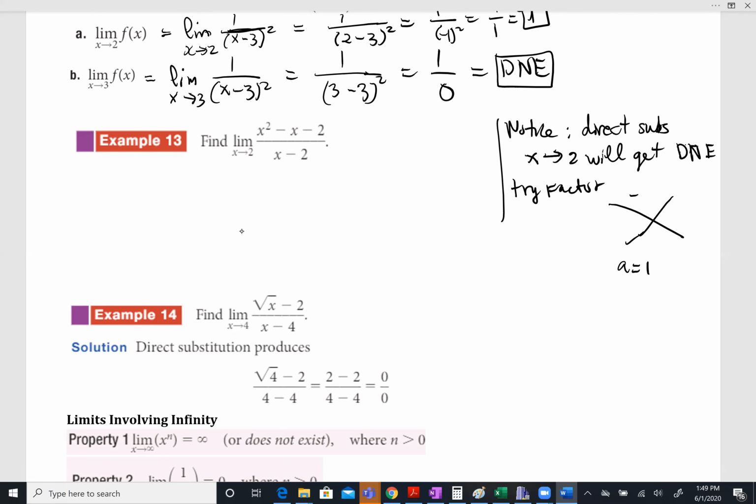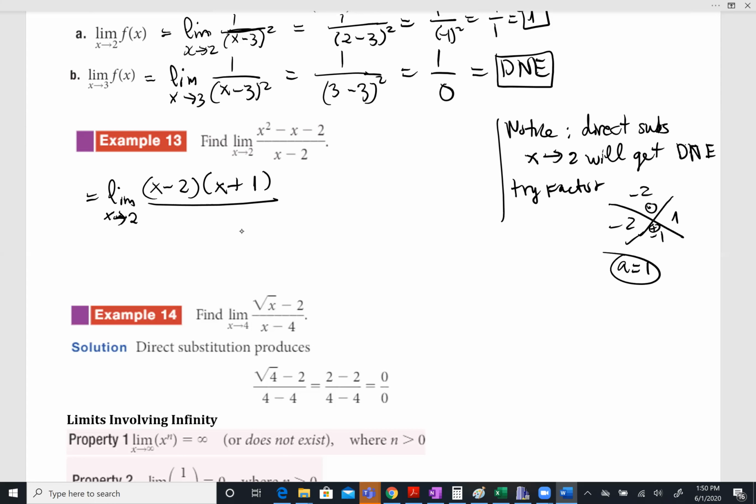A times C equals -2 and B is -1, so I need two numbers whose product is -2 and sum is -1, which are -2 and 1. So the limit as x goes to 2 of (x minus 2)(x plus 1) over (x minus 2).